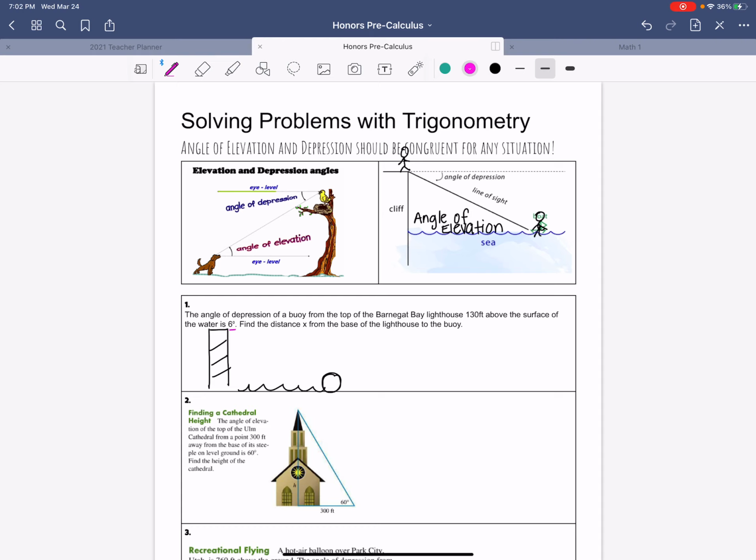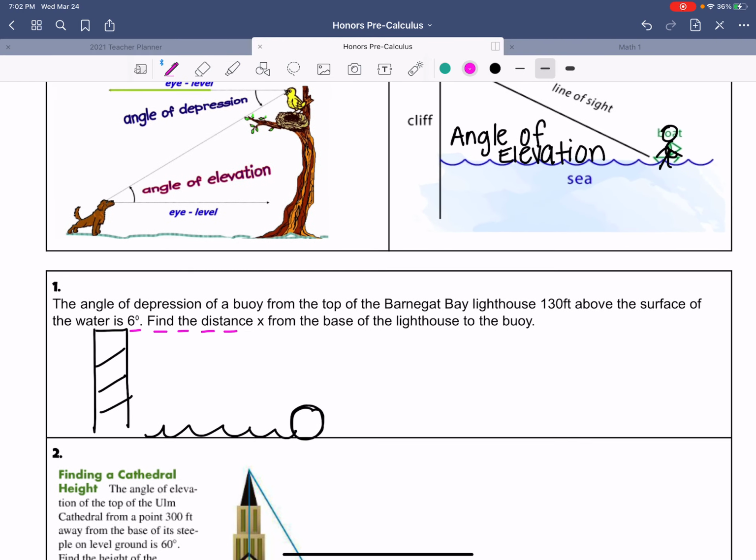So what I have to do is make my line of sight. Let me zoom in a little bit. And then my angle of depression is the angle that goes down to the buoy. So that angle of depression is 6 degrees. Now, in that same sentence though, if this angle is 6 degrees, my angle of elevation is also going to be 6 degrees.